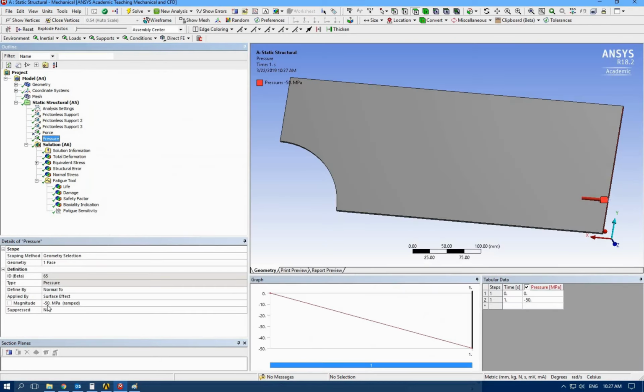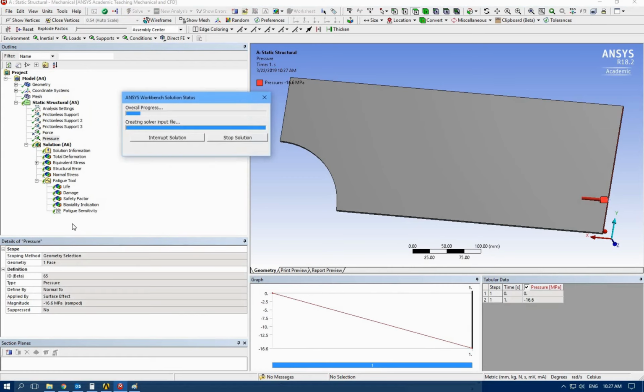So let's decrease pressure to 16.6 megapascal and check the fatigue and its sensitivity. As you can see, ANSYS can help me a lot to select a better load for my design.